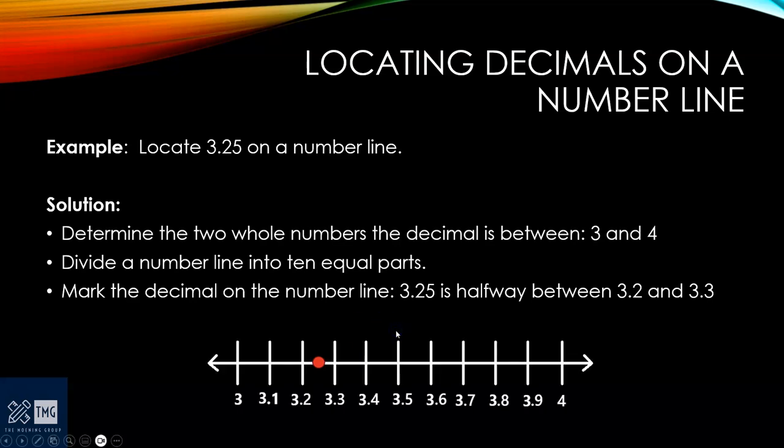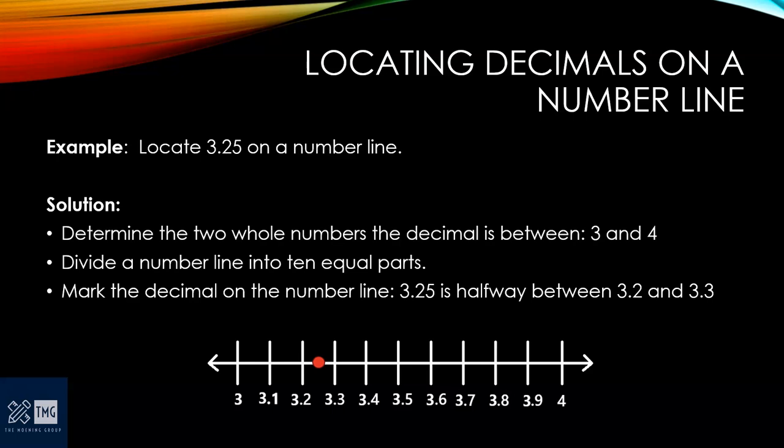And when you think about this, we're going into tenths, but 3.25 is halfway between 3.2 and 3.3. So just because we break it up into 10 equal parts does not mean that our point is going to lie on one of those parts. Those are giving us a nice, easy way to break down that 3 to 4, that location of 1, into 10 equal parts.